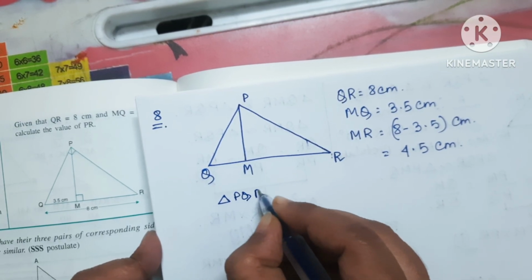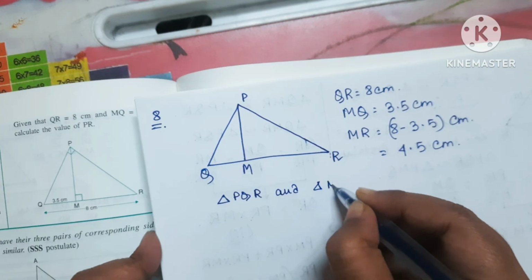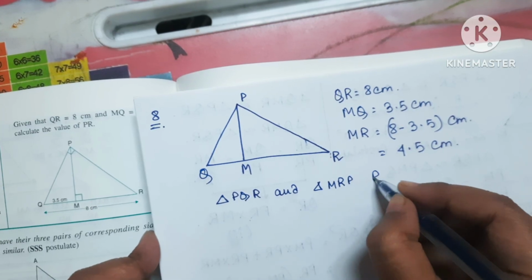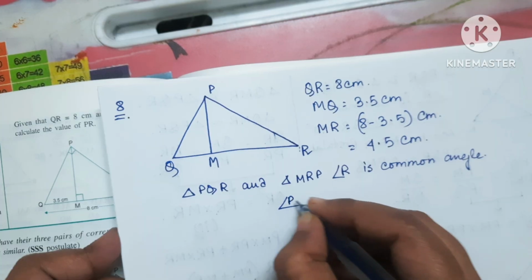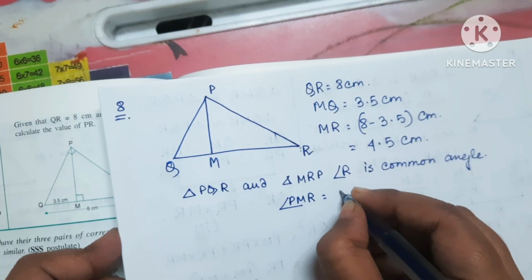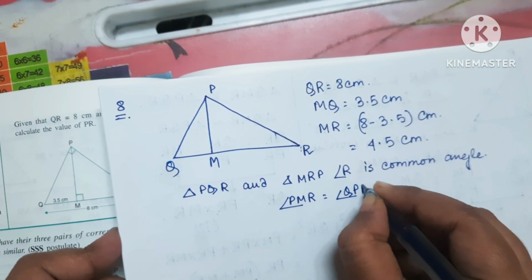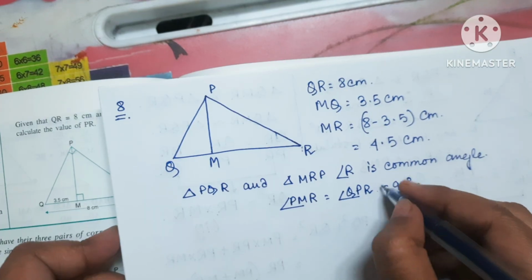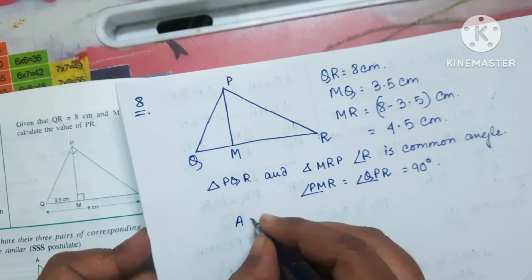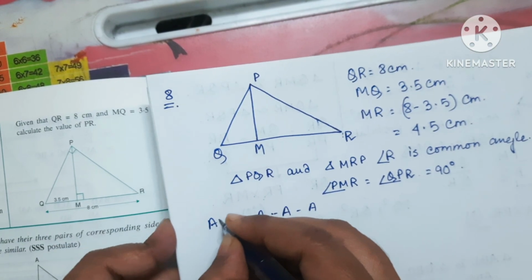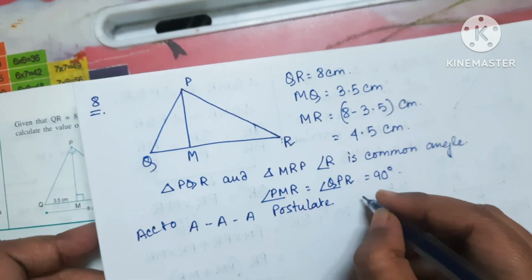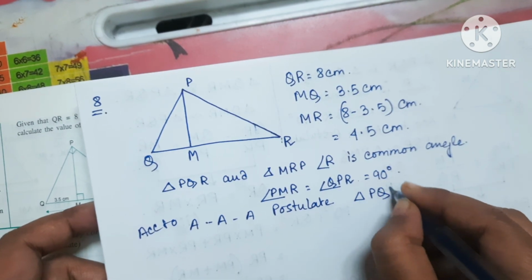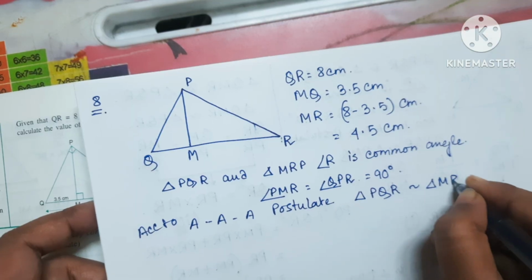triangle PQR and triangle MRP, angle R is common, and angle PMR is equal to angle QPR is equal to 90 degree. So from these two conditions, according to AAA postulate, you can say PQR is similar to MRP.